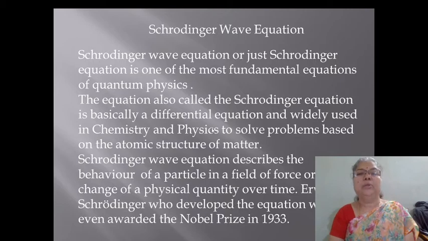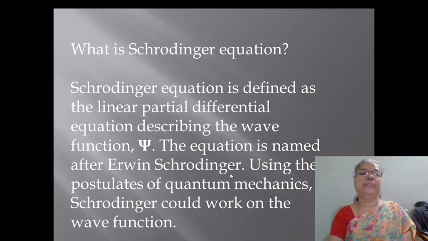In short, the Schrodinger equation is a wave equation for microscopic particles, and it describes the behavior of a particle in a field of force or the change of a physical quantity over time.